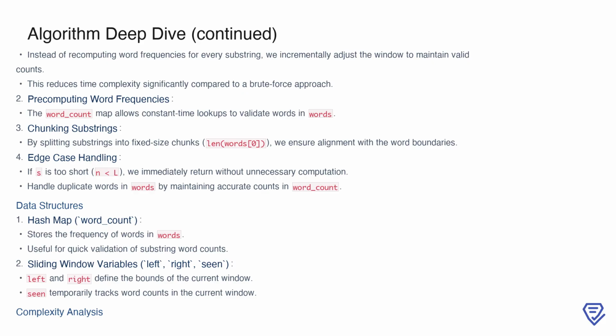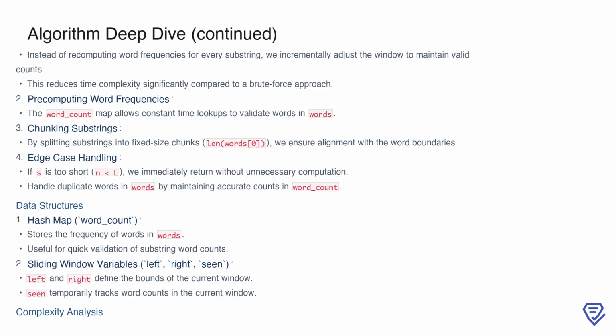Precomputing the word_count map is another key efficiency gain, as it allows constant time lookups to validate words. By splitting substrings into fixed-size chunks equal to the word length, we ensure alignment with word boundaries. Additionally, the algorithm handles edge cases gracefully. If the string S is shorter than L, we immediately return an empty result, avoiding unnecessary computations.